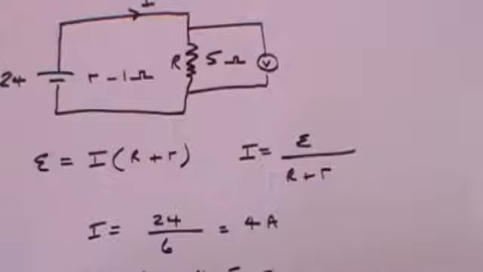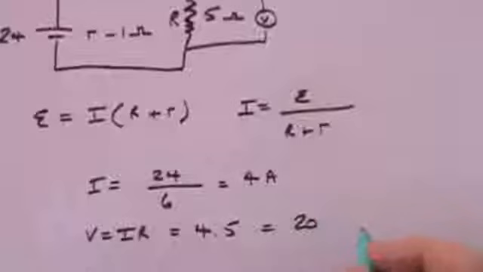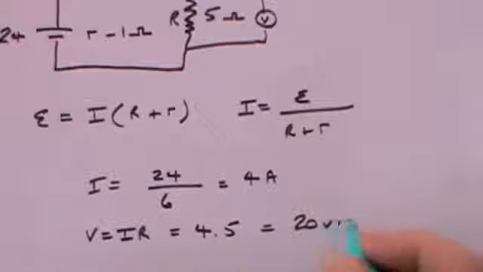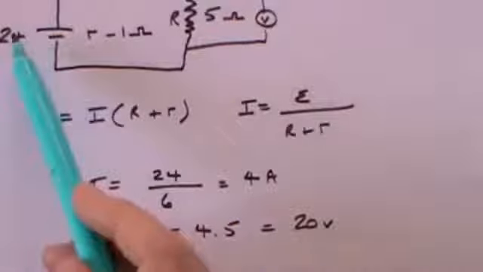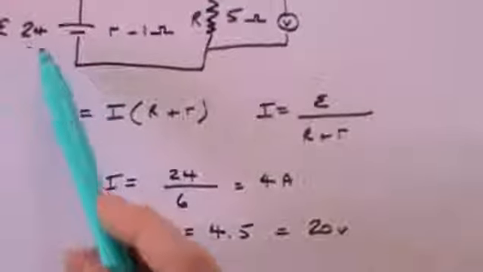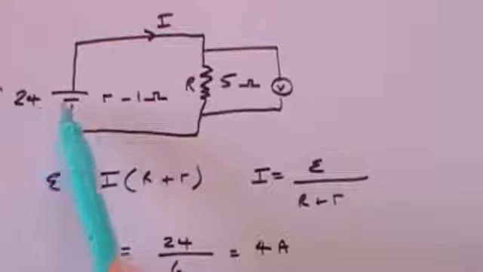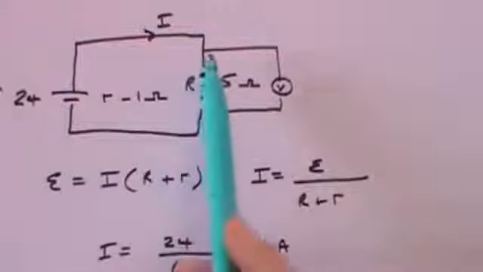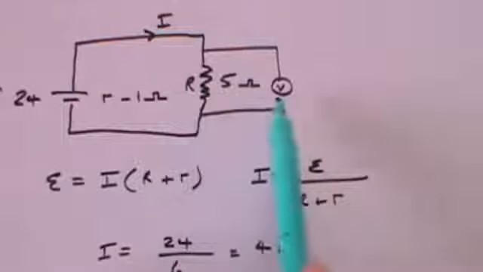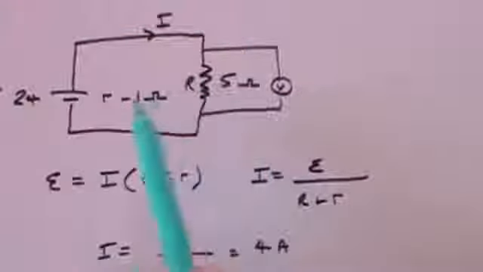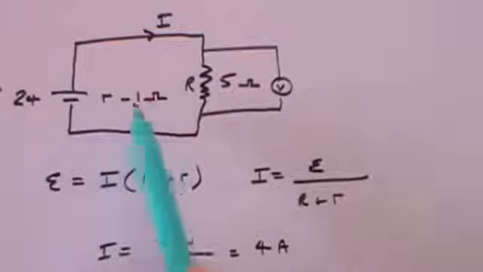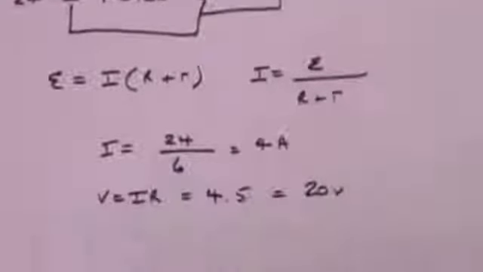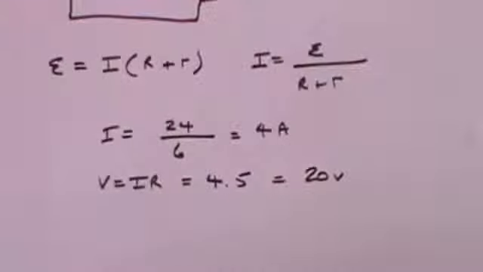And so you've got 4 times 5 is 20 volts. So although the EMF is 24 volts for the whole battery, across the resistance there was only 20 volts because you've actually lost 4 volts across the internal resistance of the battery.